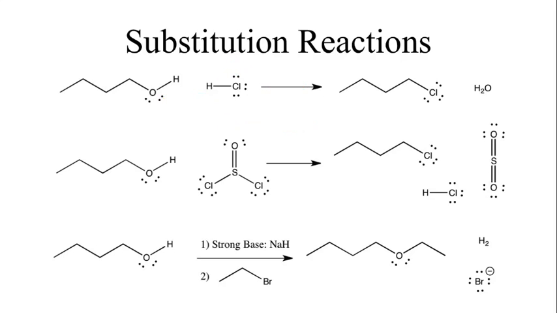One of the more interesting substitution reactions would be using the species known as thionyl chloride, which is this next one. It's kind of fun because if you have a stereocenter, it maintains the stereochemistry of your starting material.